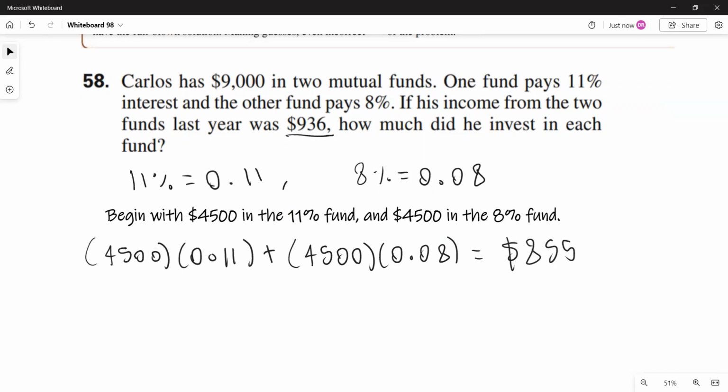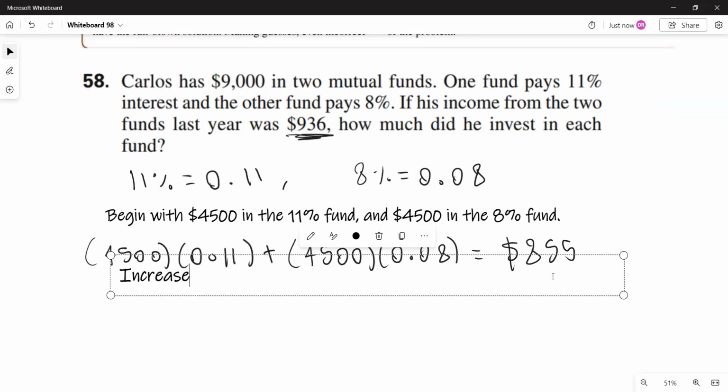Okay, so we are falling a little bit short of the 936. So we are going to increase the amount of the 11% investment. The one that pays more, we're going to increase the amount to increase the amount of interest.